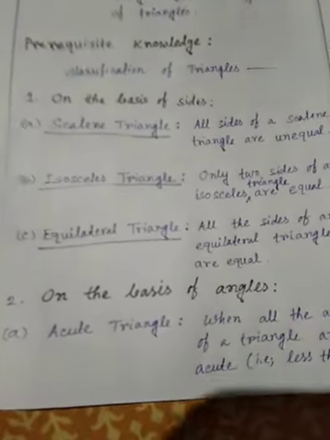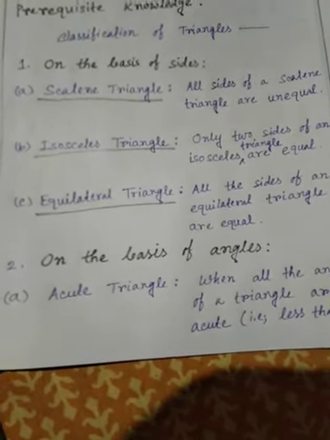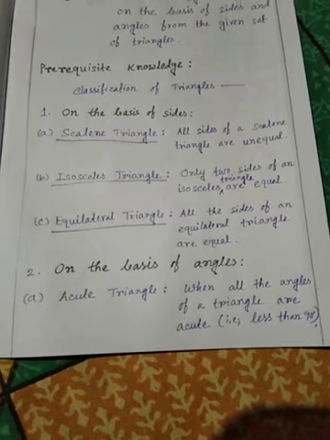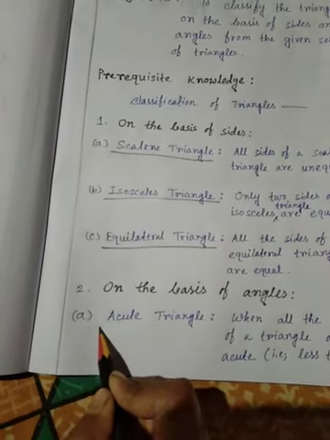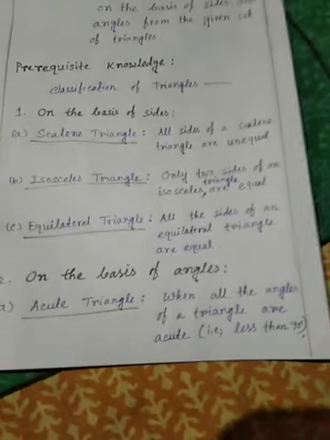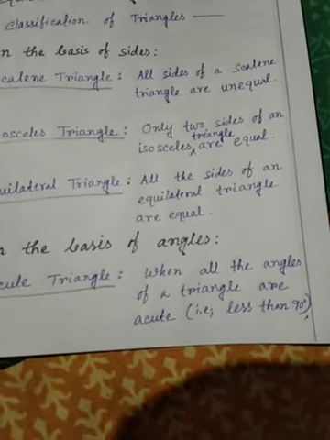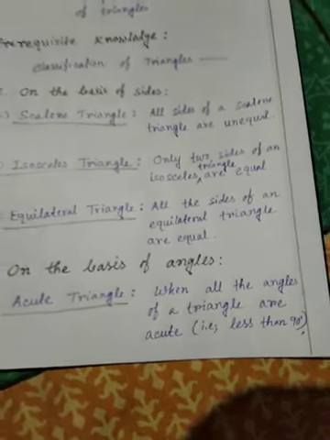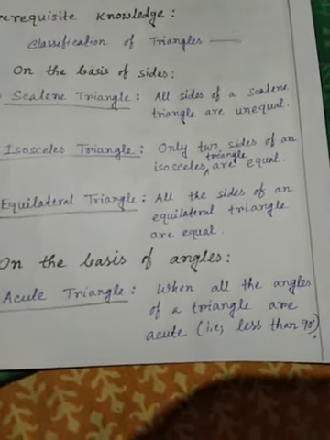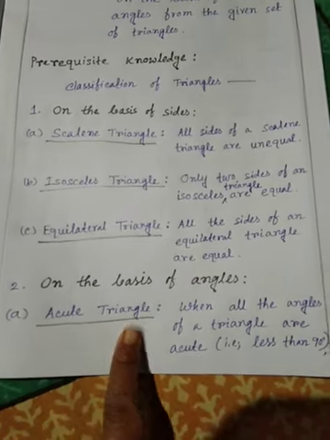Now in the second point, we can see on the basis of angles. So first one, acute triangle. Acute angle means you have already learned the angle which is less than 90 degree and obviously greater than 0 will be called an acute angle. Now what is meant by an acute triangle?